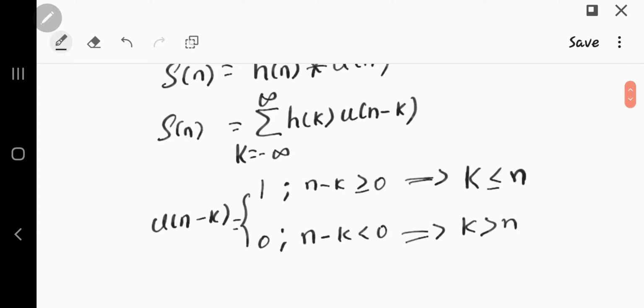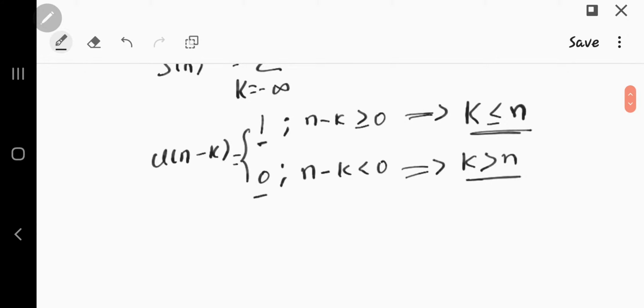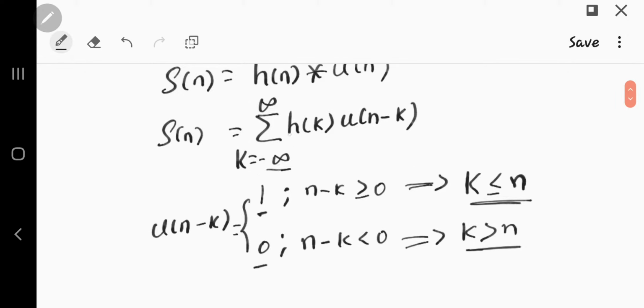So for values of k which are less than or equal to n, u of n minus k will be 1, and for values of k which are greater than n, u of n minus k will be 0. So the limit, though varying from minus infinity to plus infinity, will be present only for values of k less than or equal to n.